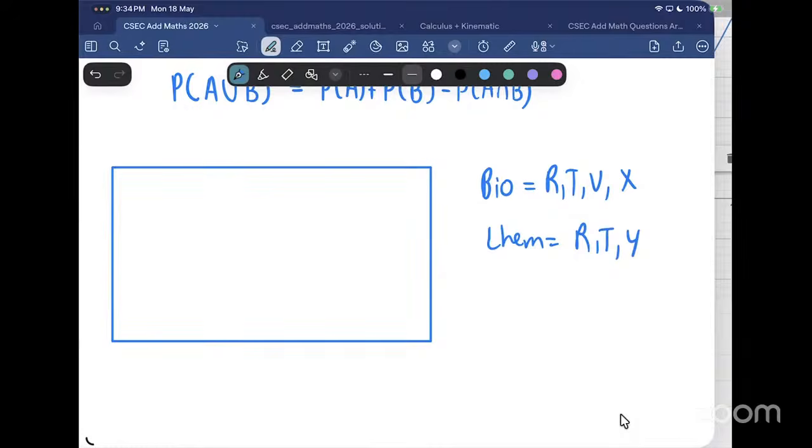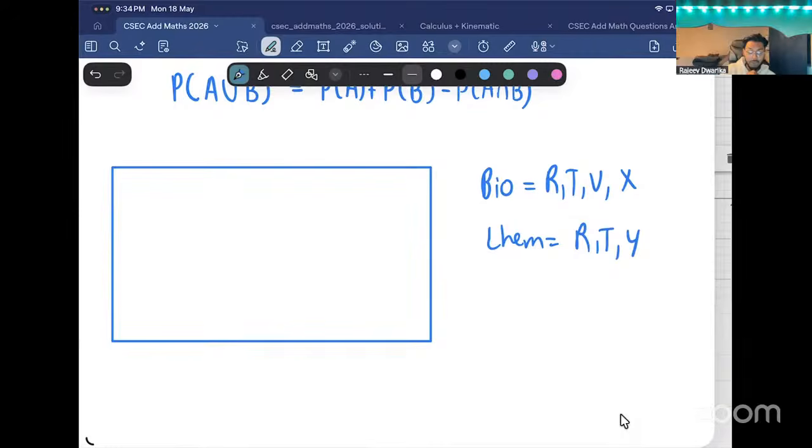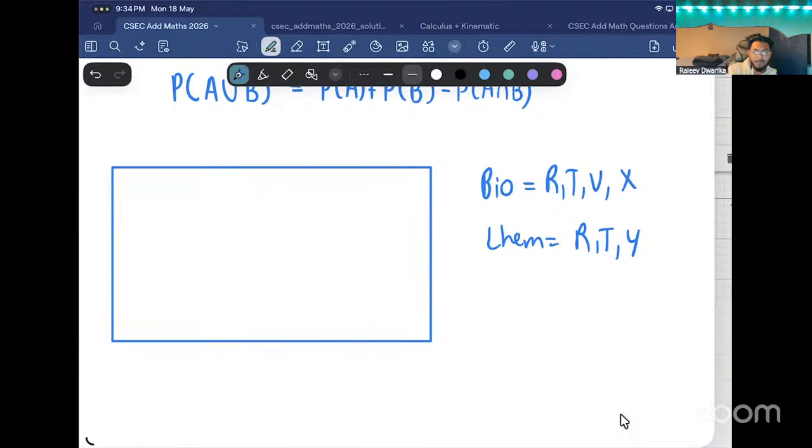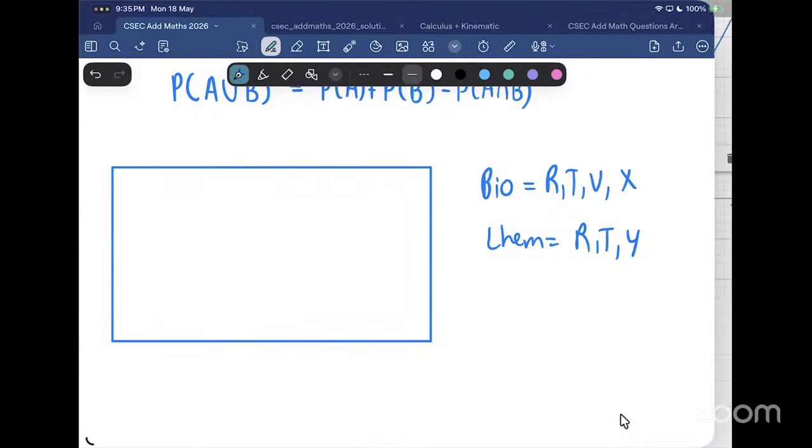If I asked you how many people there are, would you tell me 7? No. You'd tell me 5. Would you count the overlapping, the same people doing both? No, I excluded that. Exactly.